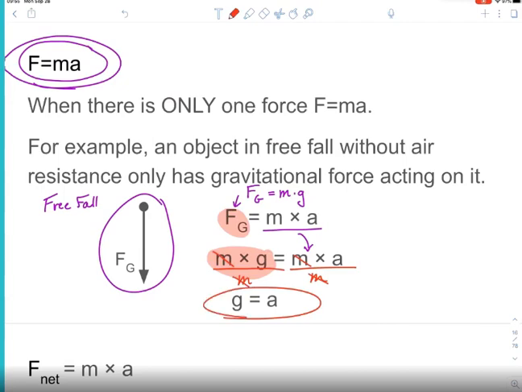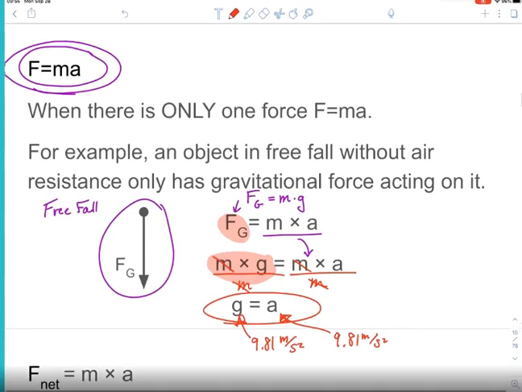That means that the gravitational field strength, which on Earth is 9.81 meters per second squared, is going to be equal to my acceleration, 9.8 meters per second squared. And that's exactly how we get the acceleration for an object in free fall. And that's also why it doesn't matter how much an object weighs; that's not going to determine how fast it falls, or the acceleration at which it falls.